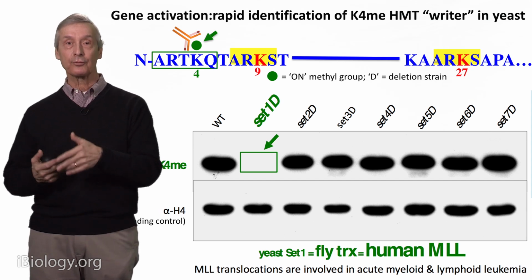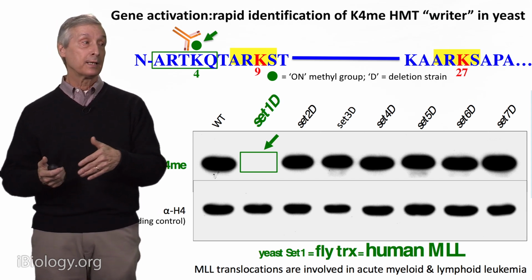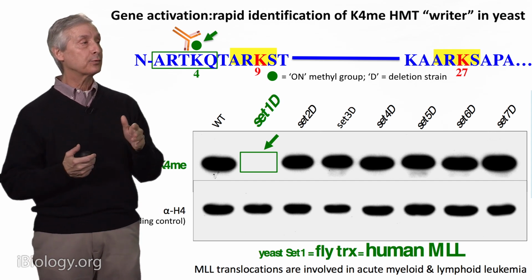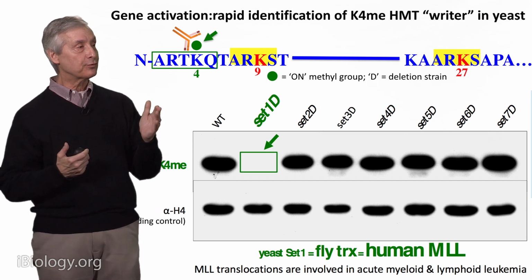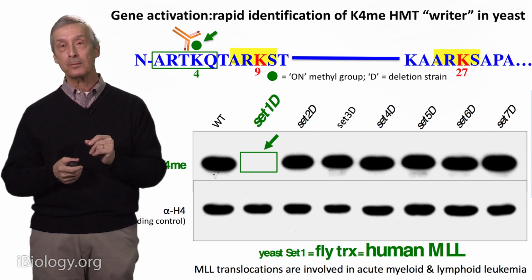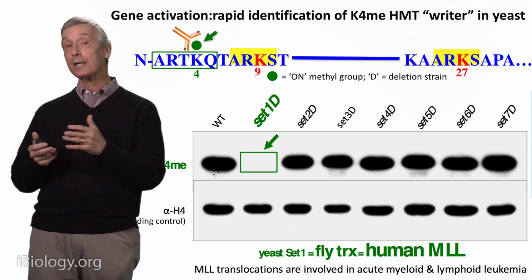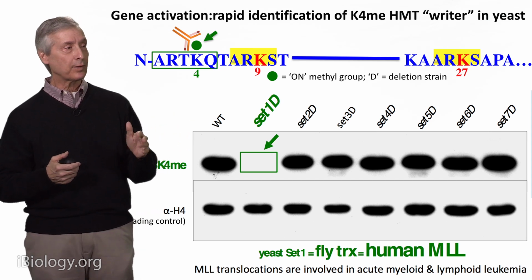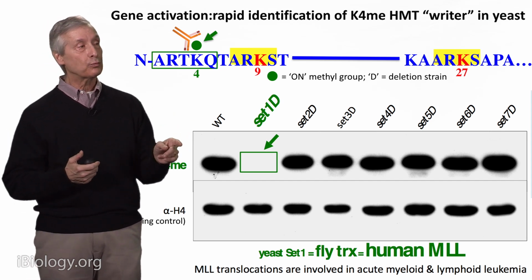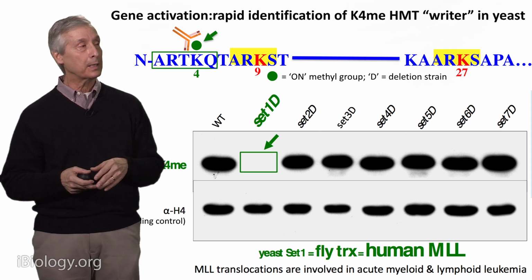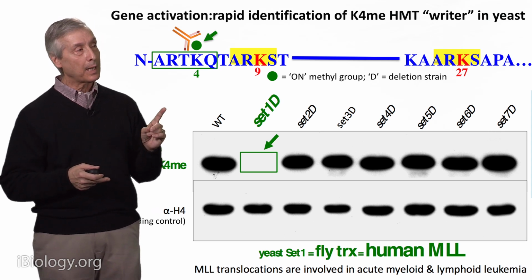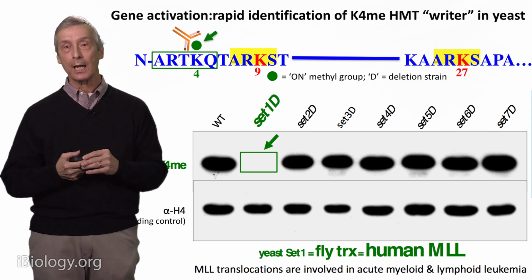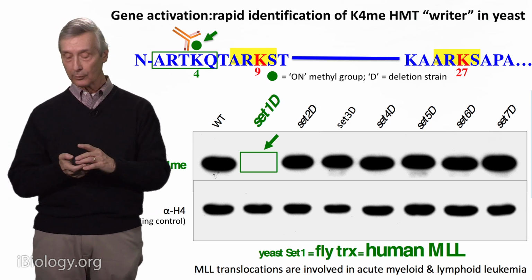That's a leukemia-causing gene whose misregulation is in part tied to the establishment of K4 methyl marks. So you might say, I don't really care about yeast or flies, why is Allis telling me all about this? This was the type of experiment that suddenly got the field interested in K4 methyl marks as having potentially a disease implication, in this case, mixed lineage leukemia.